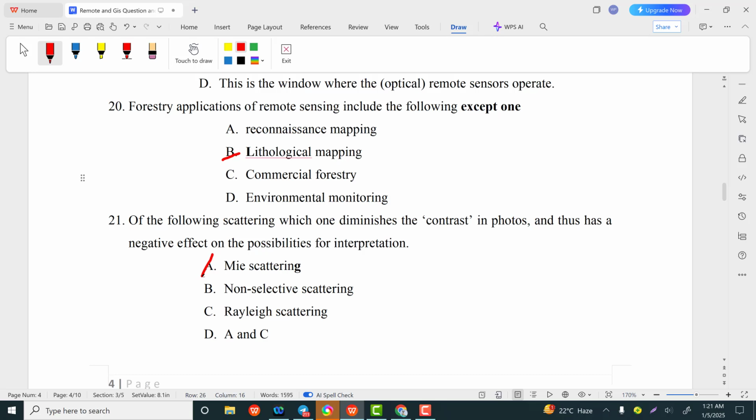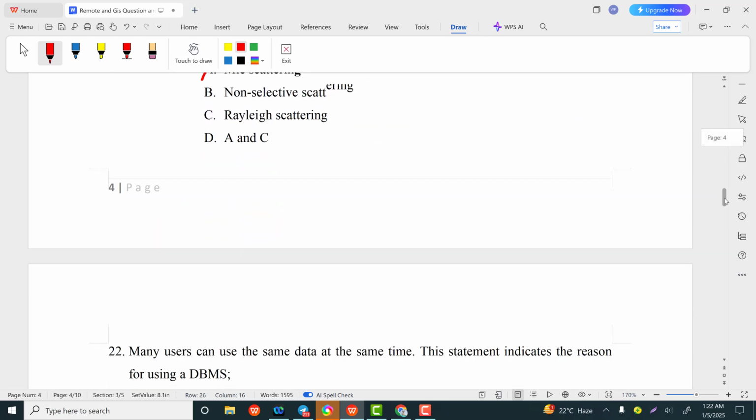Non-selective scattering happens when scattering particles are much larger than the wavelengths of the light, whereas Rayleigh scattering is caused by smaller particles within the atmosphere. When you are observing the effect of blue light, that is Rayleigh scattering. So the answer for this question is A.